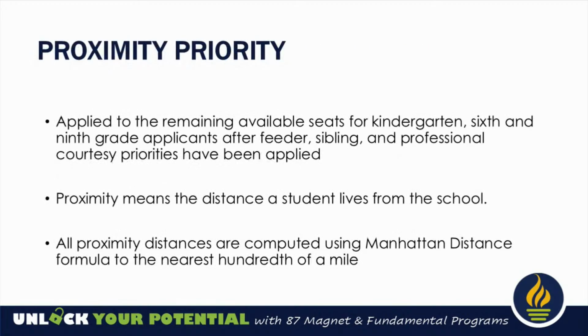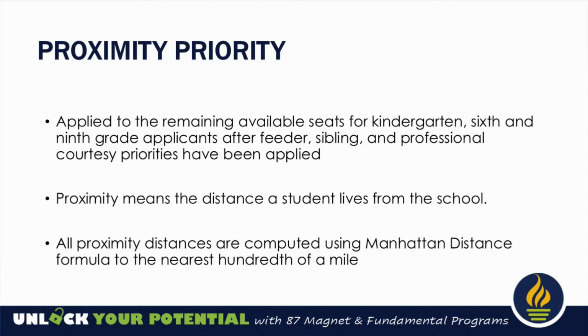Proximity priority gets lots of questions. It's a little bit complex, so there are several slides here, and before we move on from this, I'm going to show you an example with numbers that is typically helpful. So first thing to know about proximity priority is that it's only applied to the remaining available seats for our entry grade levels after all other of those priorities have been applied.